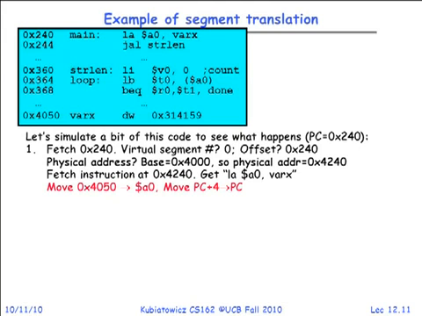Well, all we're doing here is loading a constant into A0, and it turns out that constant happens to be an address, 4050, but we're just loading the address 4050 into A0. We're not doing anything with the address yet, so we don't have to go to DRAM.